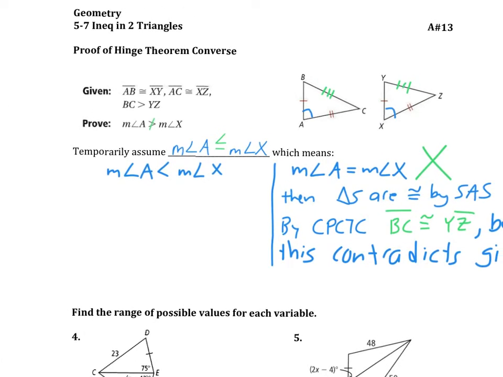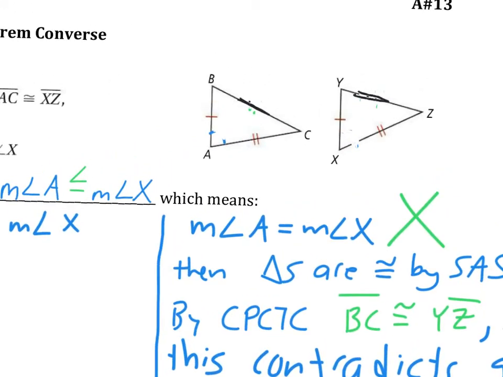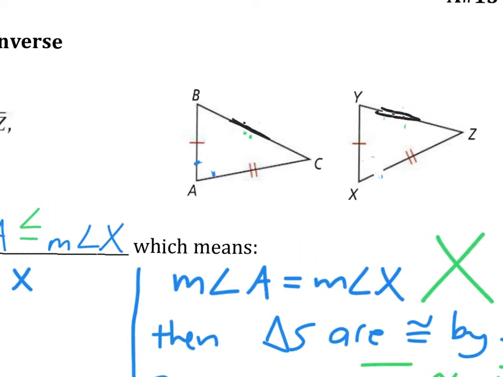If we have the angles being less than, so I actually have to get rid of some things up there. Okay, so we're going to temporarily assume that one of the angles is larger. So let's assume that this angle is larger than this one.